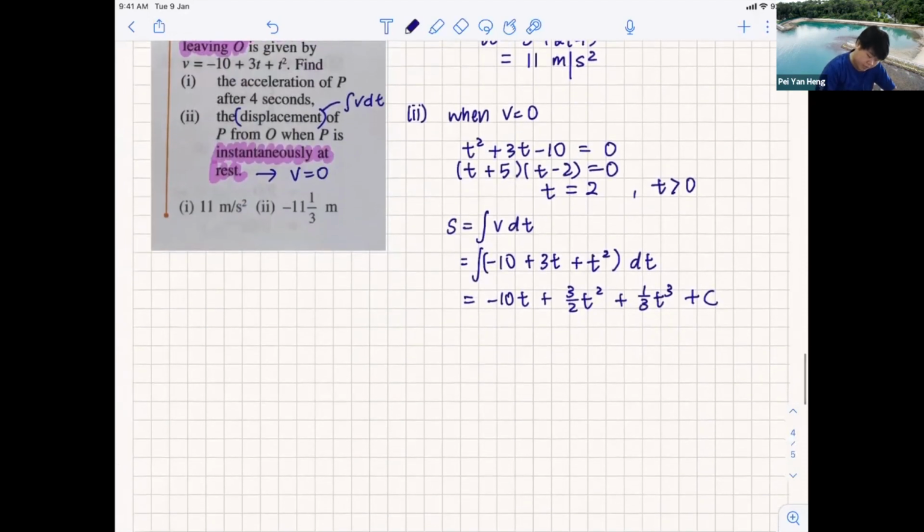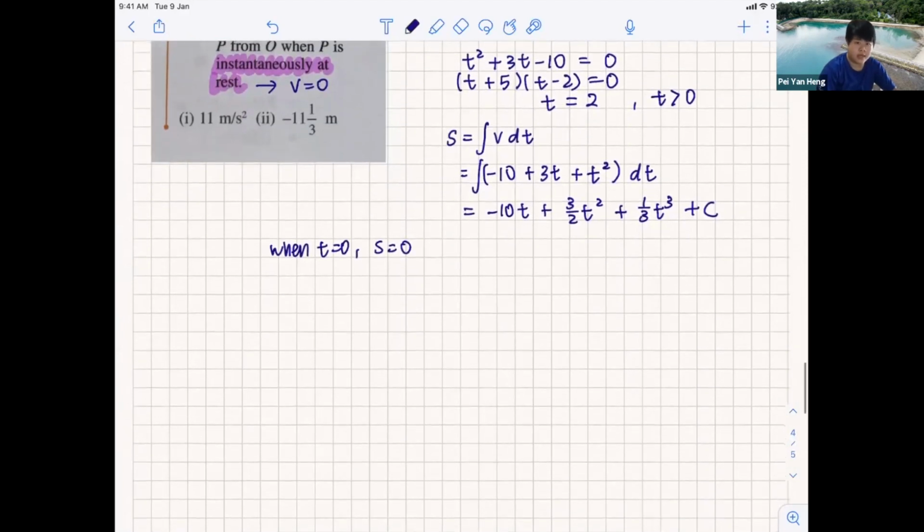So when t equals 0, s equals 0, and that means c is 0. So therefore s will be minus 10t plus 3/2 t squared plus 1/3 t cubed.